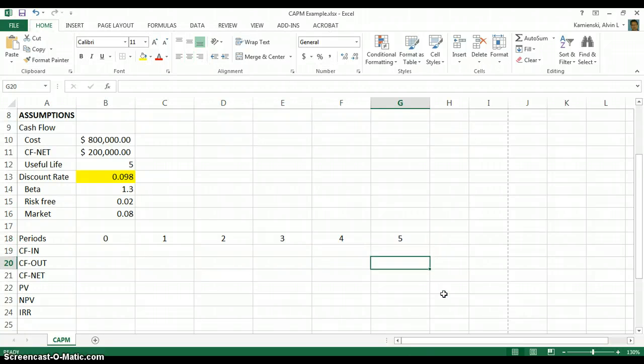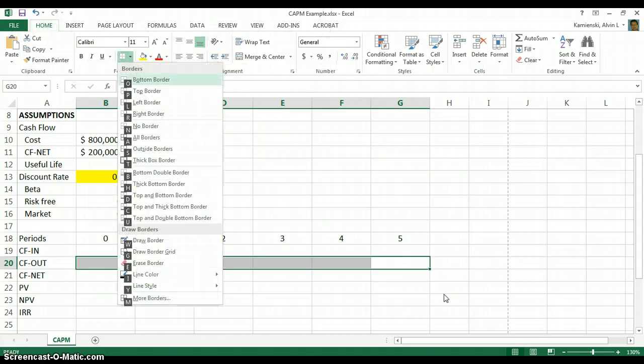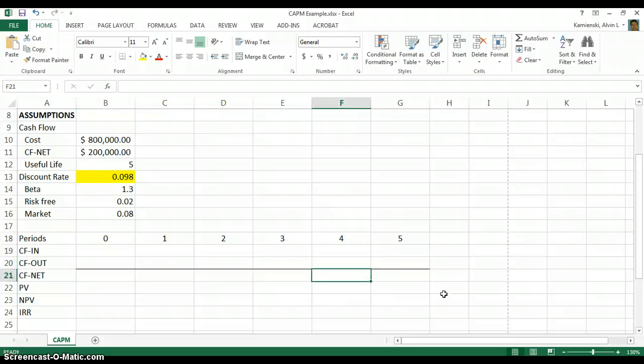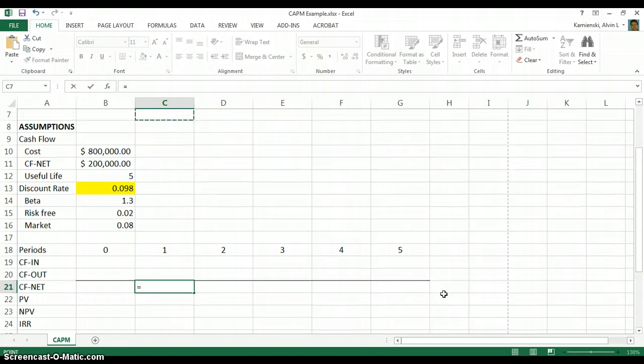In this particular case, because we are given cash flows net, we don't really need to concern ourselves with the cash flows from periods 1 through 5, other than at that net level. So we'll go ahead and choose those cash flows net of $200,000.